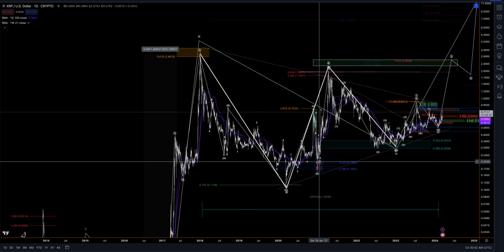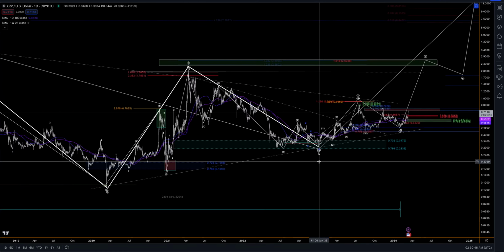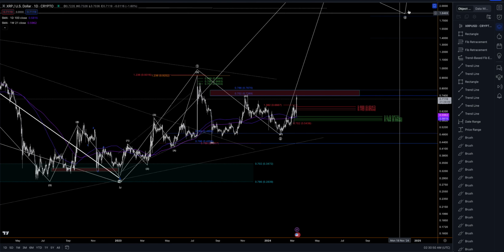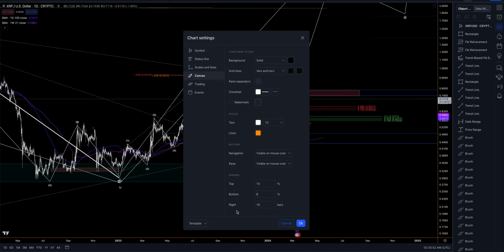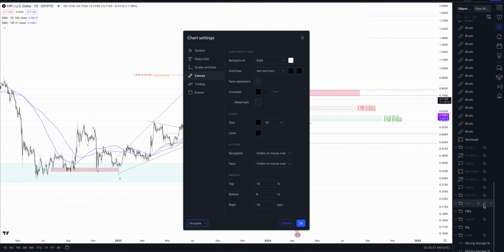Still on track to continue its ascent higher. I think that we have entered into phase E of Wyckoff accumulation. And once you enter into phase E, the asset goes parabolic from there. It's just the way it works.